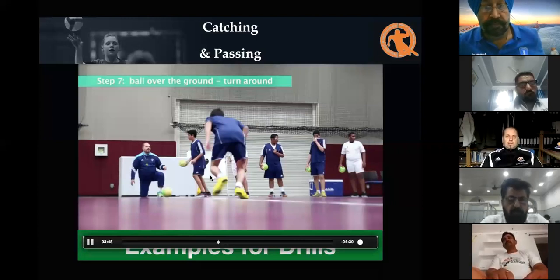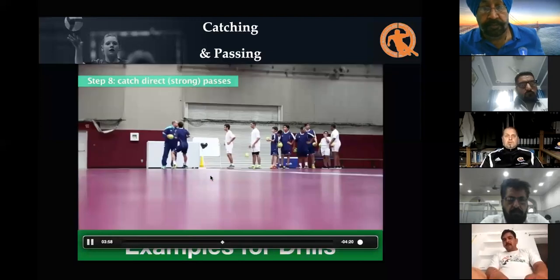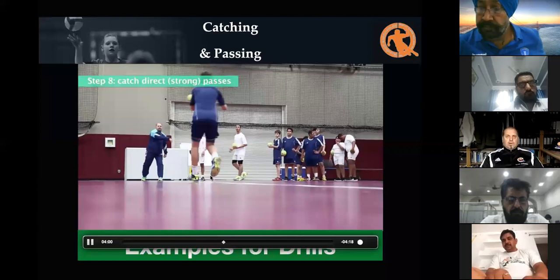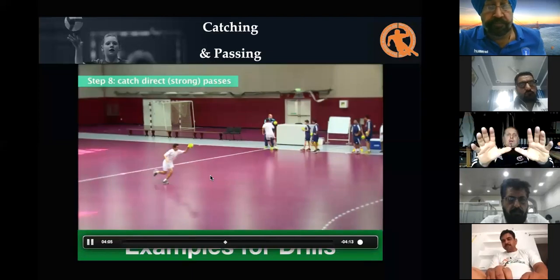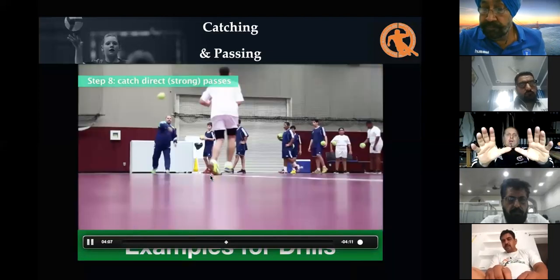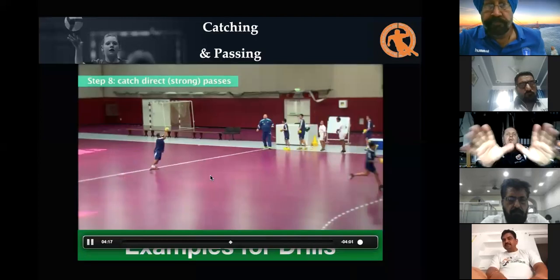Now in the next step, they really have to run back very fast, because the coach is now shooting at them. So the pass is very strong. So the hands must be up, the arms must be ready to catch, not completely extended, slightly bent, so that if the ball is coming in a hard way, they can pull it to the body.